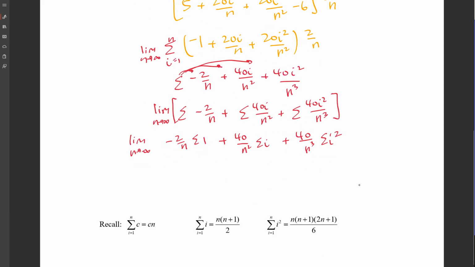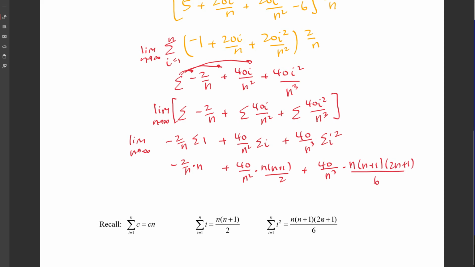Okay, but from these three formulas that we have down here, we know that this is really the same as negative 2 over n times n, plus 40 over n squared times n times n plus 1 over 2, plus 40 over n cubed times, this one's a little bit longer, the summation of i squared, which is n times n plus 1 times 2n plus 1 over 6.